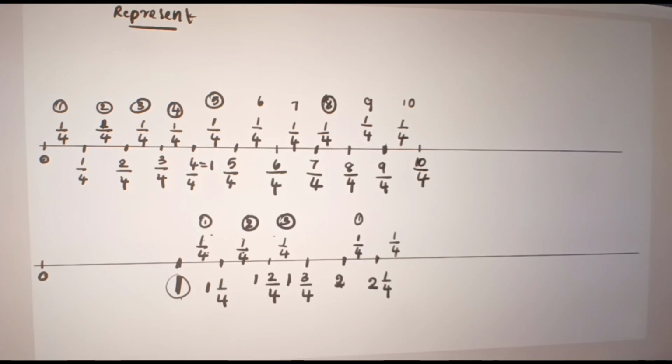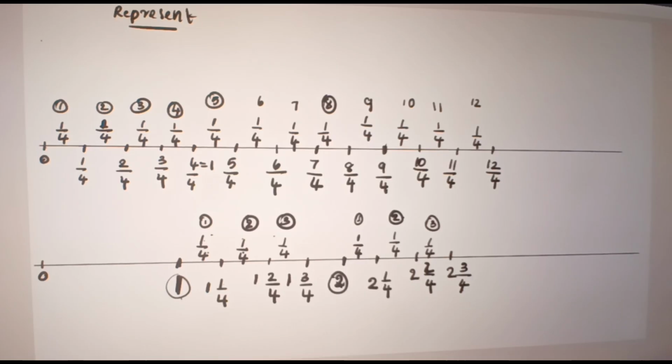If you add another 1/4, total 11 1/4s, so 11 over 4. Now you add another 1/4, so total 3 1/4s, so 2 wholes and 3/4. Now if you add another 1/4, it will make a total of 12 1/4s, so it will change into 12 over 4. So 12 over 4 is the same as 3 wholes.